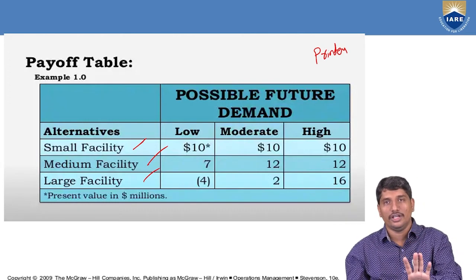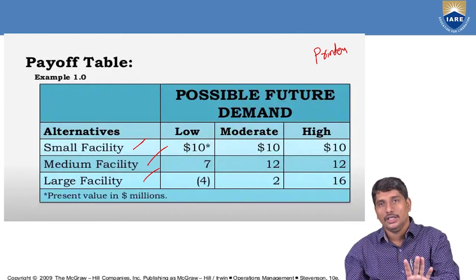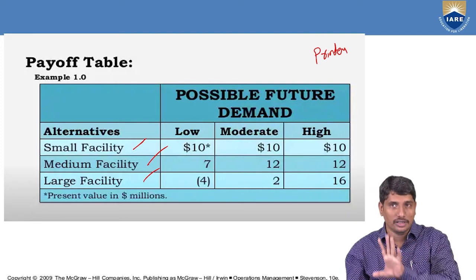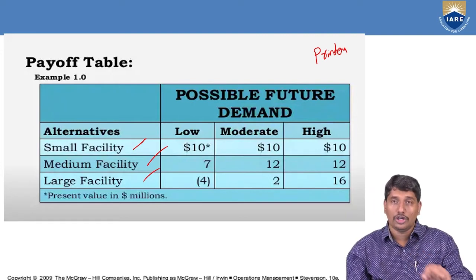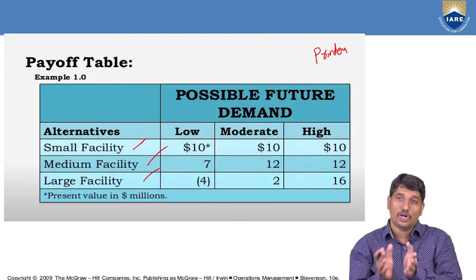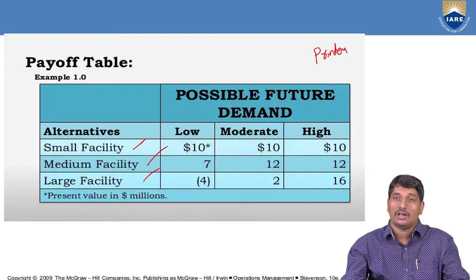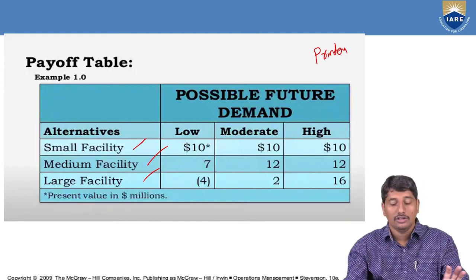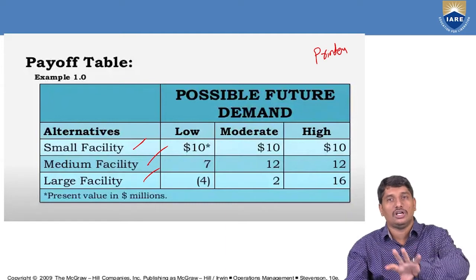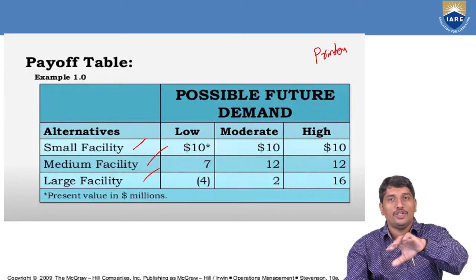But if you are locating your shop in a particular center, then we can go for moderate. But if you are setting up your shop in a big rush center in the city, then you can go for a large facility. It depends on the number of schools surrounding your shop.